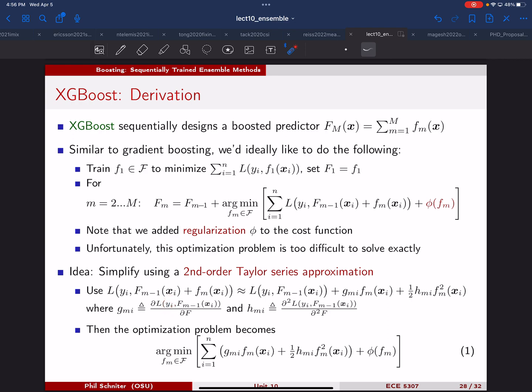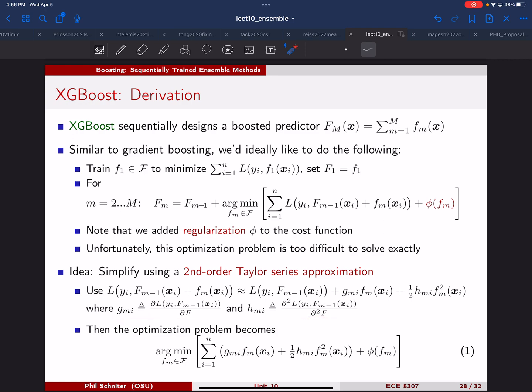Sometimes it could be a gradient if y has multiple values, but if y is a scalar, then this is just a derivative, so this is just a scalar. Let's just assume for now this is just a scalar. So this is a scalar derivative of your loss, and then this is the second derivative of your loss, and this is your squared perturbation. Hopefully you recognize this as just a Taylor series approximation, with first and second derivatives.